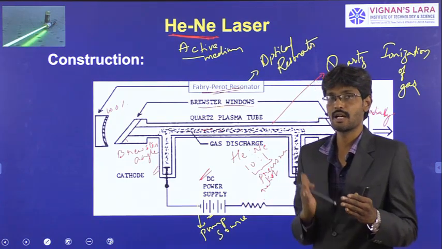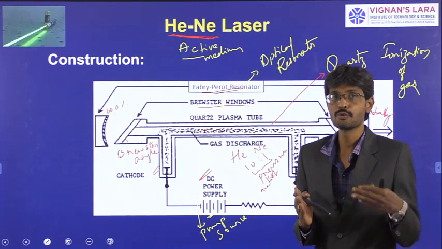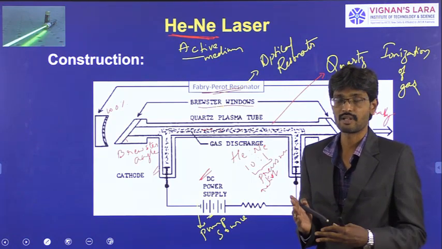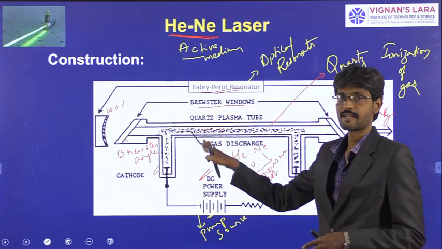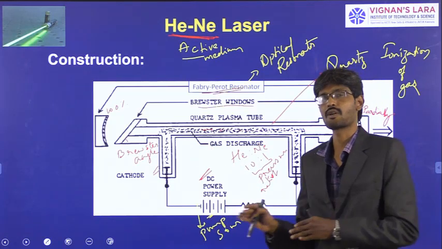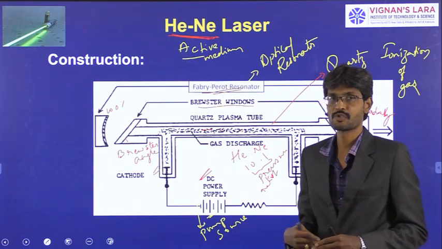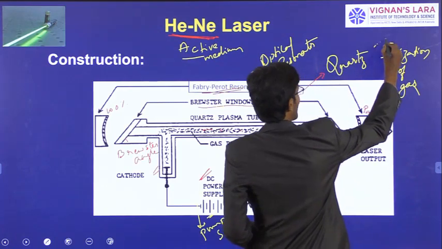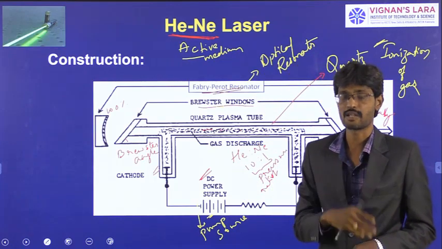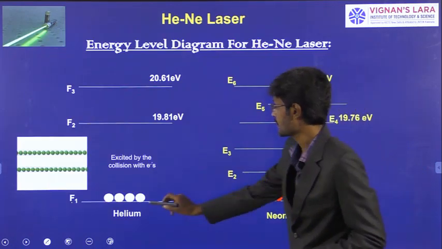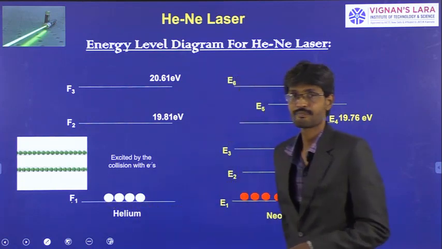These free electrons are produced due to ionization of helium atoms and neon atoms. So before the power supply, the discharge tube contains only helium atoms and neon atoms. When the power supply is switched on, ionization of gas takes place and the discharge tube contains helium ions and neon ions. And now these are the helium ions which are in ground state.